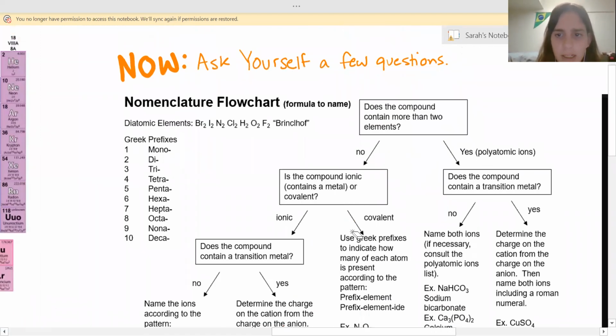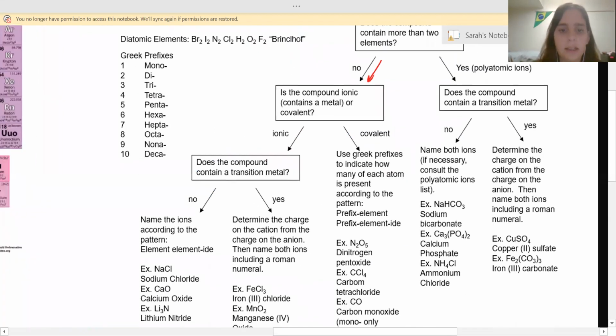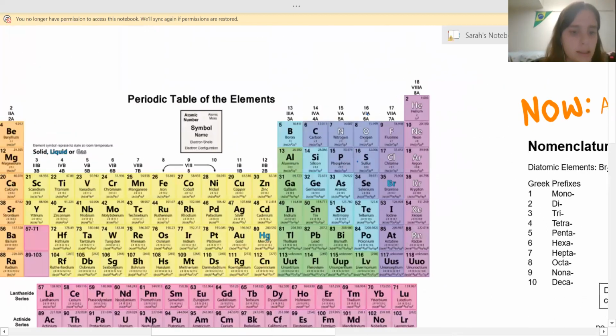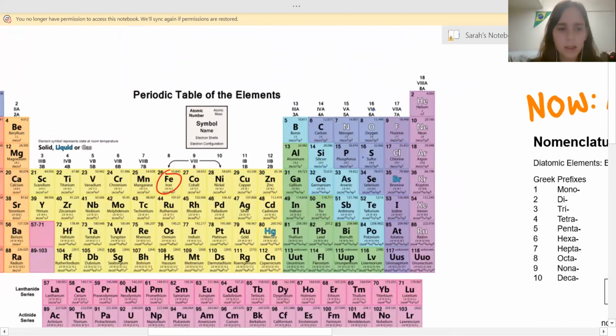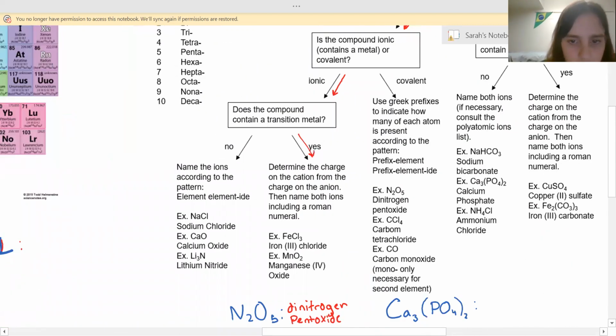Does the compound contain more than 2 elements? No, so we'll go this way. Is the compound ionic or covalent? It is ionic, so we'll go this way. Does the compound contain a transition metal? Yes, Fe, if you recall, is a transition metal. Okay, so we'll go this way.